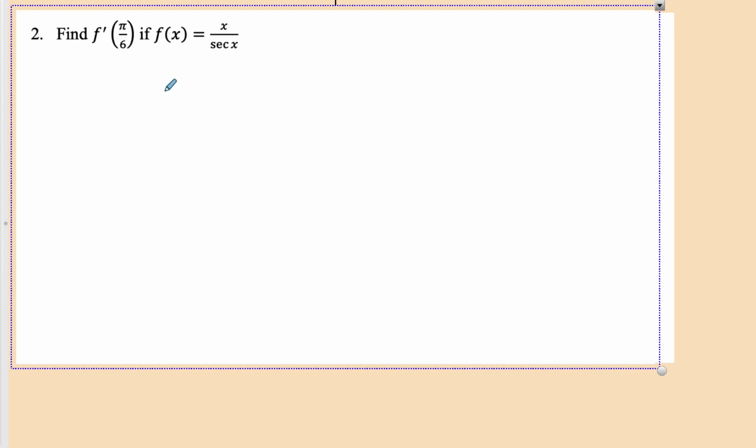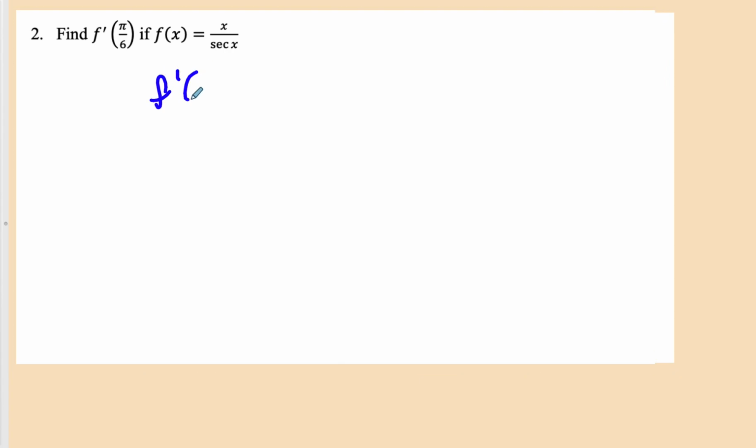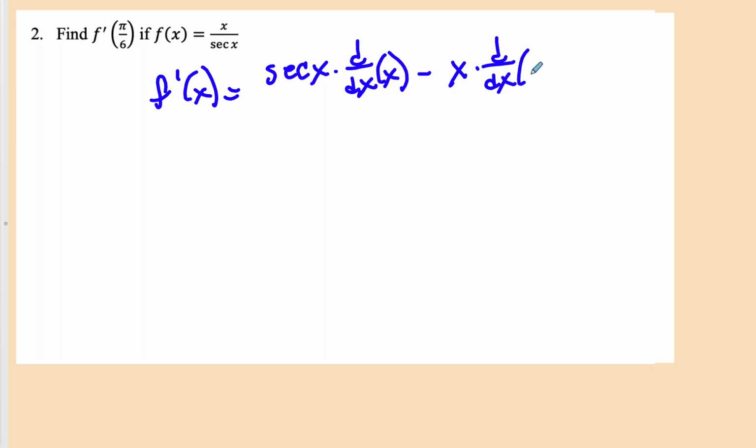Let's now take a look at finding the derivative of this rational expression. It's going to require the quotient rule again. F prime of x equals secant x times the derivative of x minus x times the derivative of secant x, all over secant squared x.